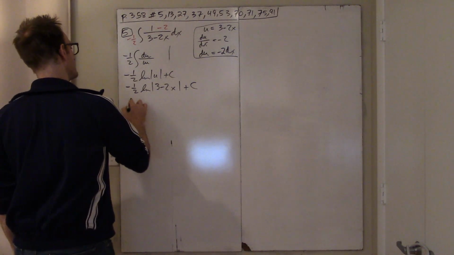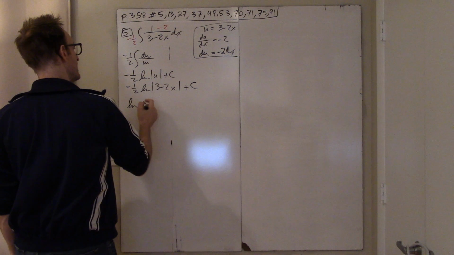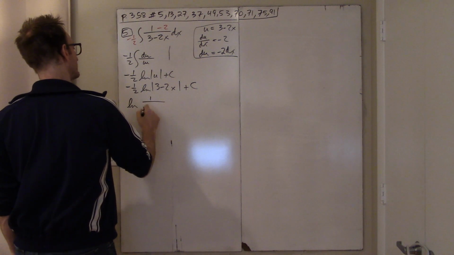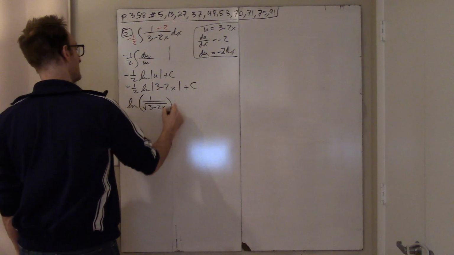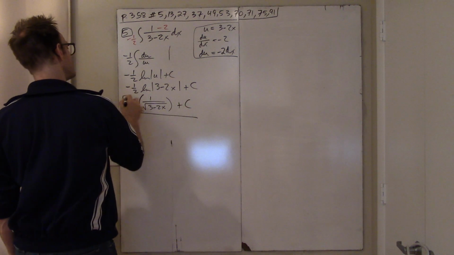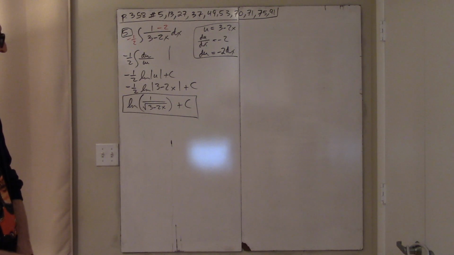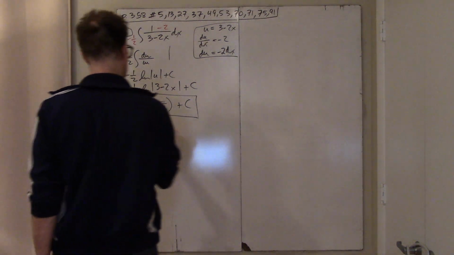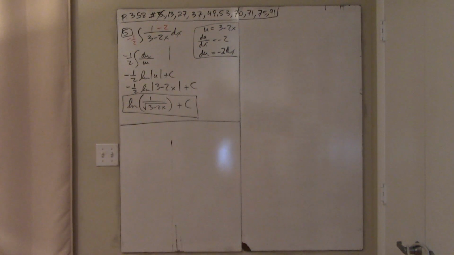And so you might see this written as ln of 1 over root 3 minus 2x, plus c. That is how people will write it, because 3 minus 2x to the negative 1/2 is 1 over root 3 minus 2x.